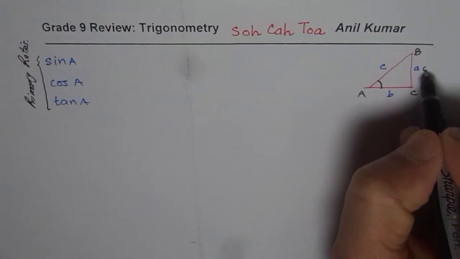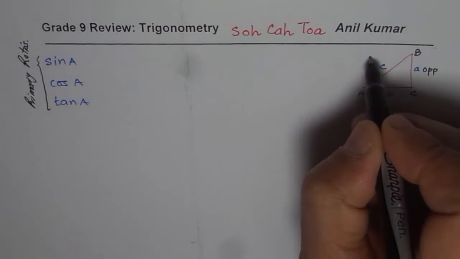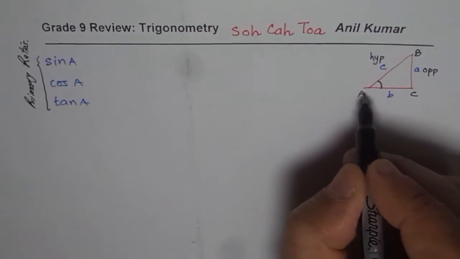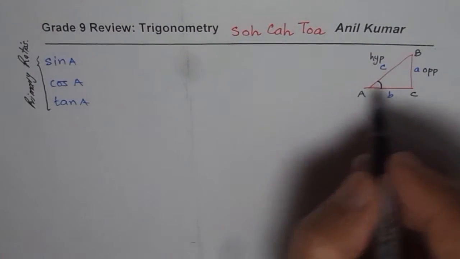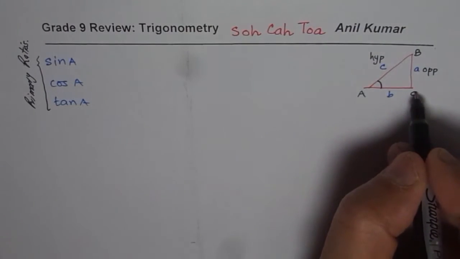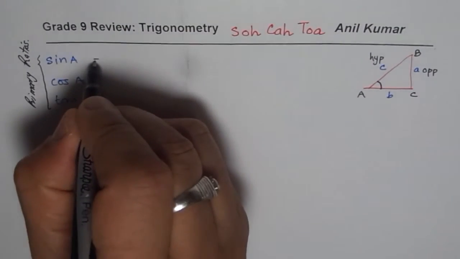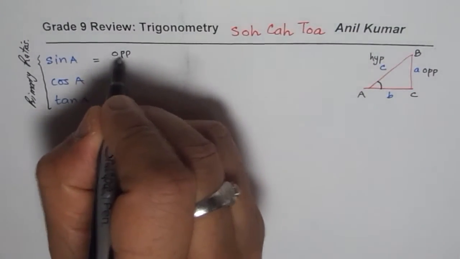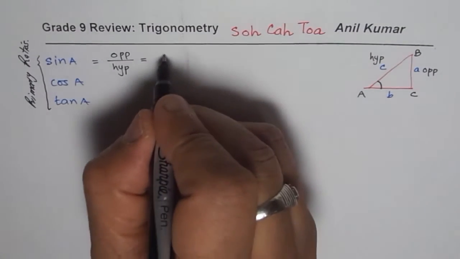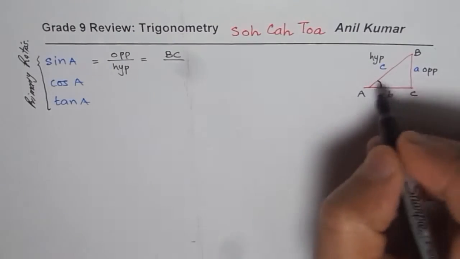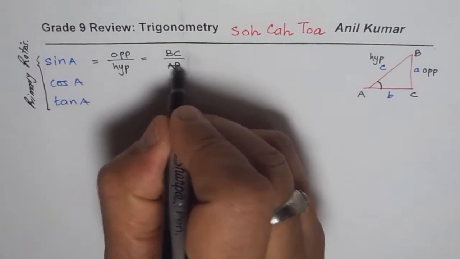From A, this side is opposite, and here we have the hypotenuse. So it could be written as BC over AB, right?